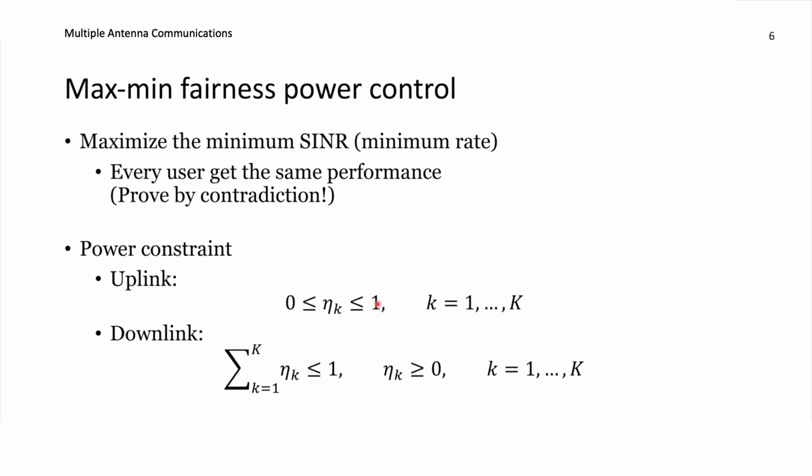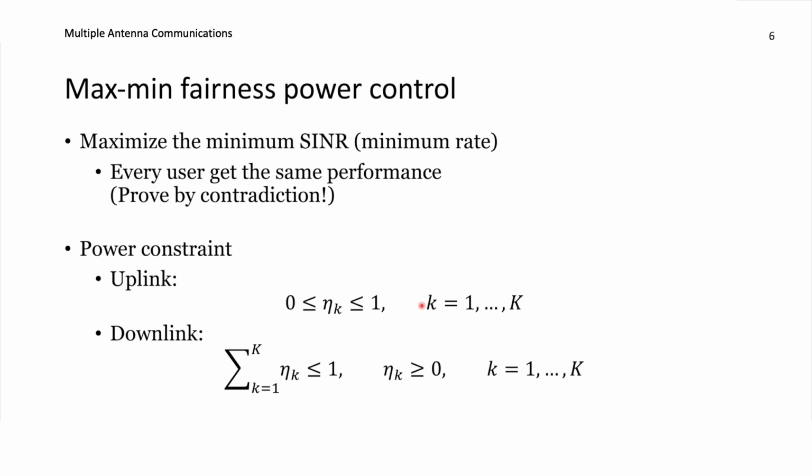And we can always select any number in between here, irrespective of what value the others are selecting. So the trade-off rather comes into what SINRs we can achieve at the same time, where we can end up in our rate region. So this is our power constraint: eta k should lie between 0 and 1 for all of the users.